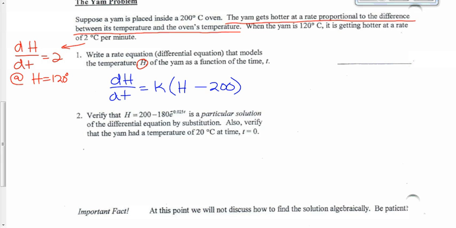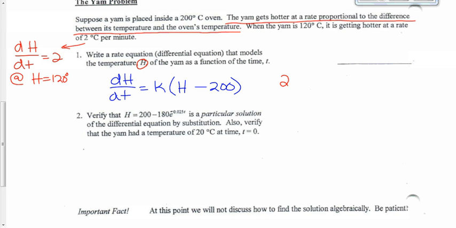This is our very general differential equation. Now, the H being in my differential equation is great. The K, however, is not. So that's what I need to use my information that I wrote down in red to actually find what K is. So right now I'm going to do some substituting, and I know that dH/dt was 2.